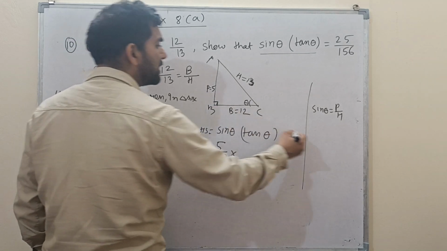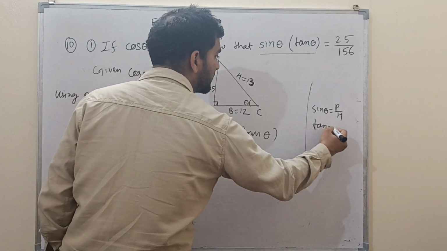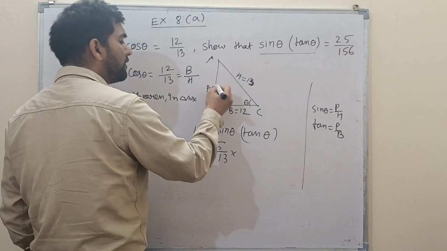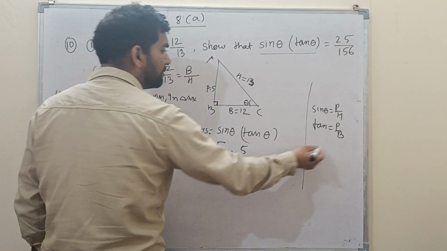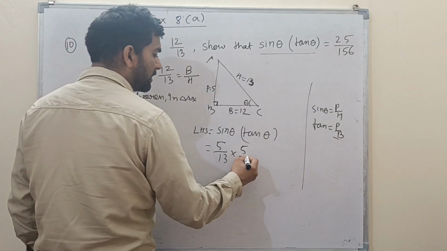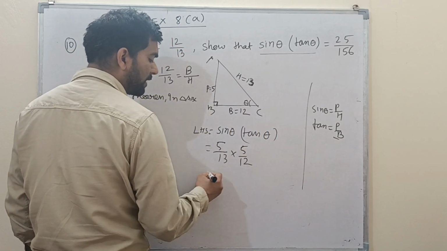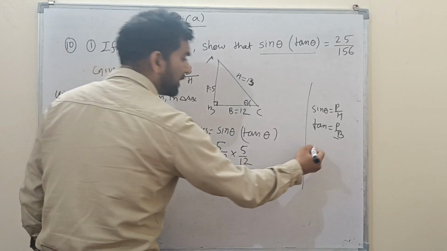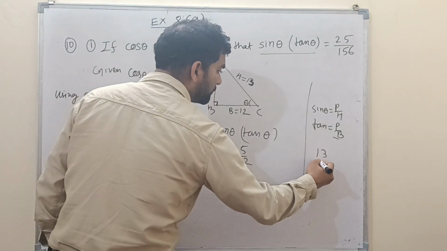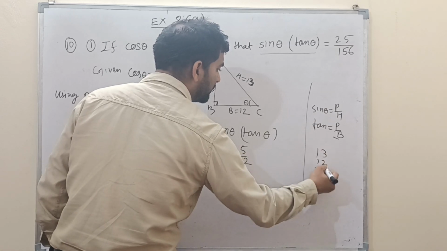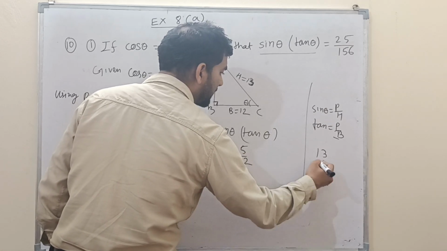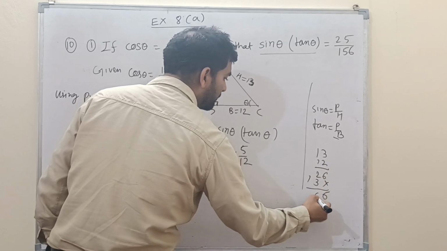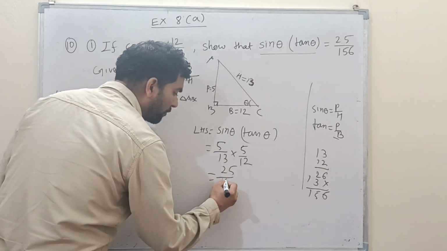Tan theta you already know is perpendicular by base. So 5 by 12. You already know 5 into 5 will be 25, and 13 into 12, how much? 12 into 3 is 36, 12 into 1 is 12, so we got 156.